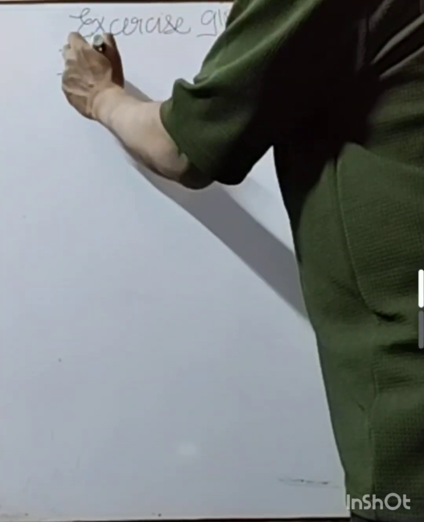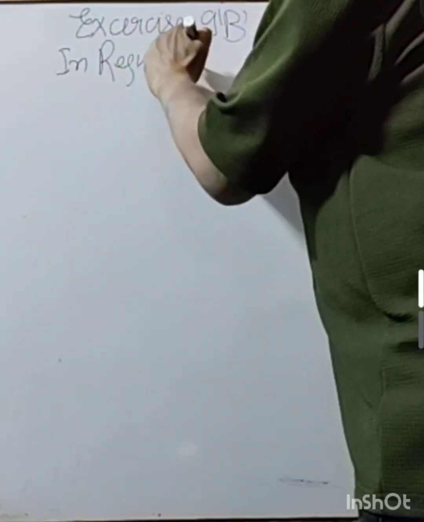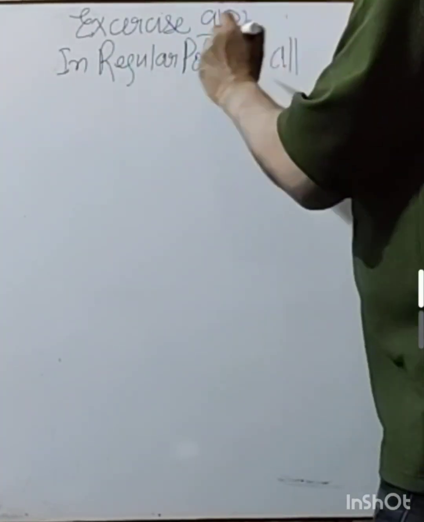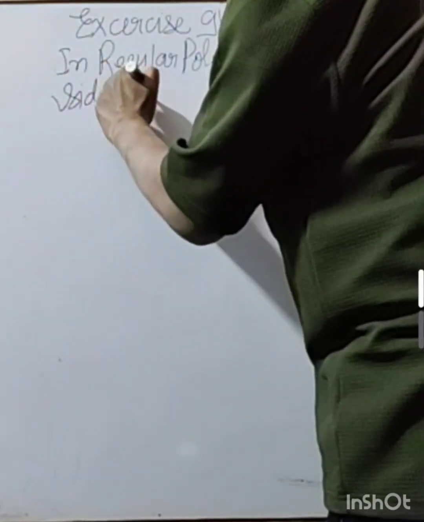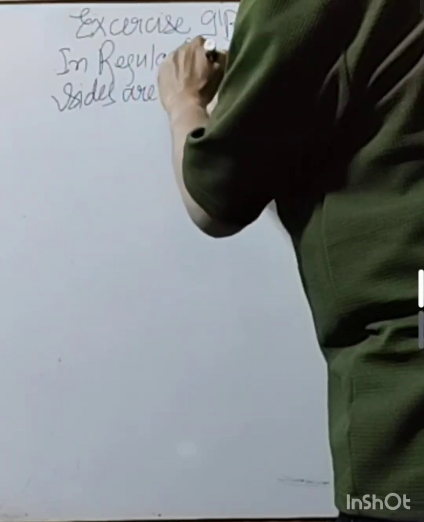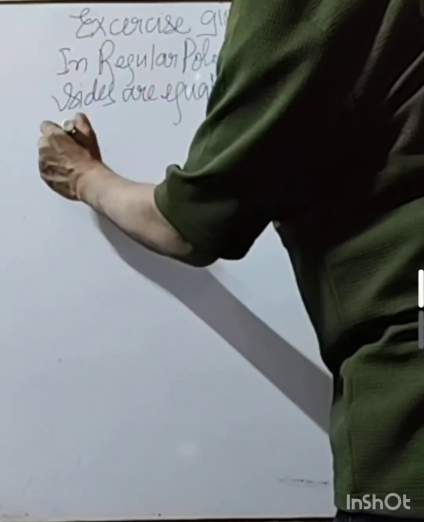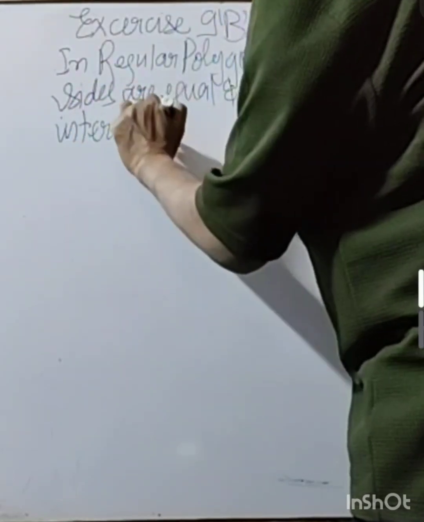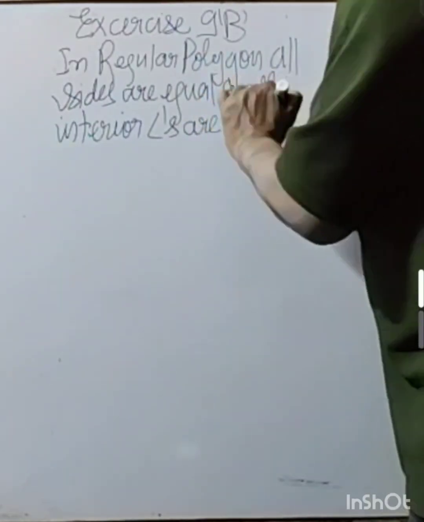We can say that in a regular polygon, all sides are equal and all interior angles are equal, right?